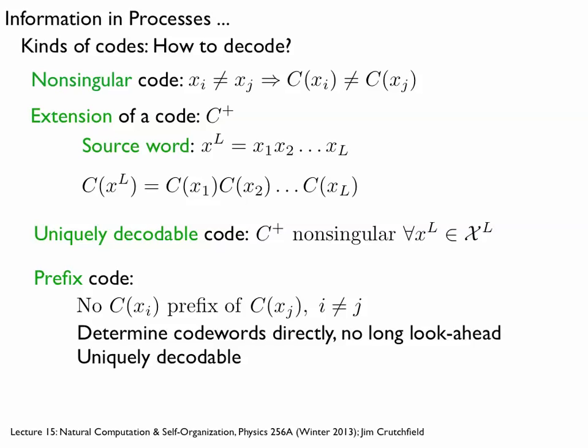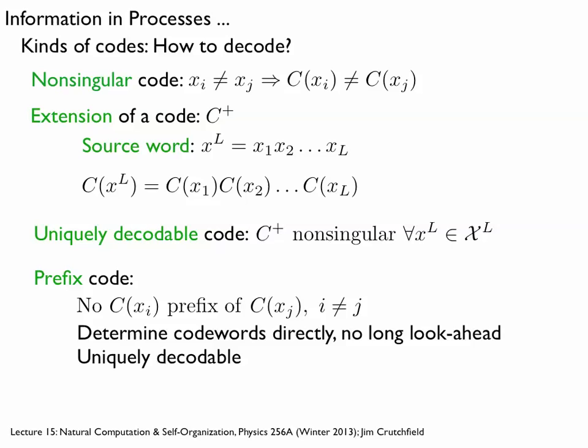And we can now talk about the extension of a code book, which is just some way of talking about all the concatenations of the code words. So we end up with source words of length L like this, and then we have the corresponding code word, which just applies the code book to each symbol separately.